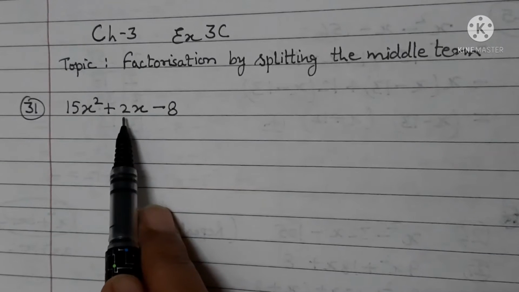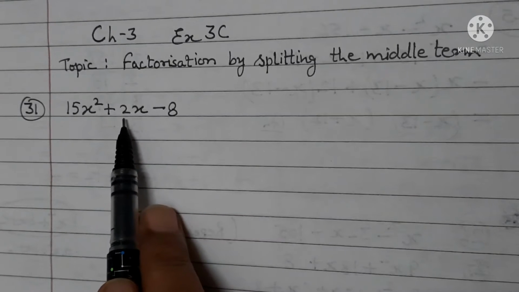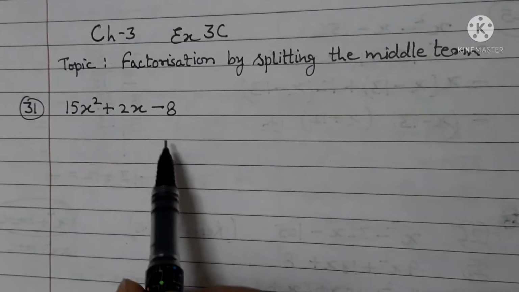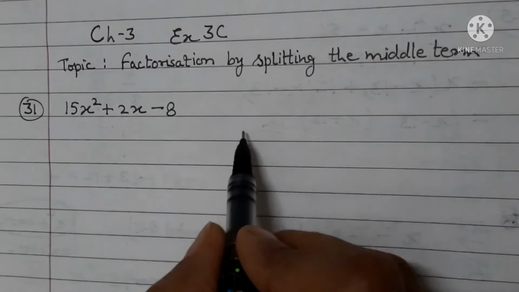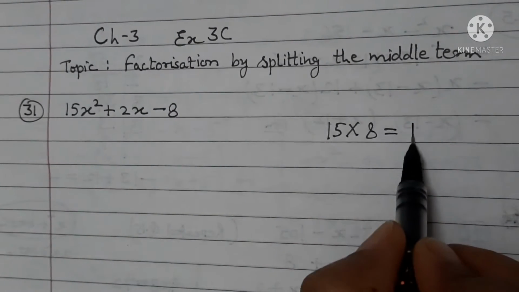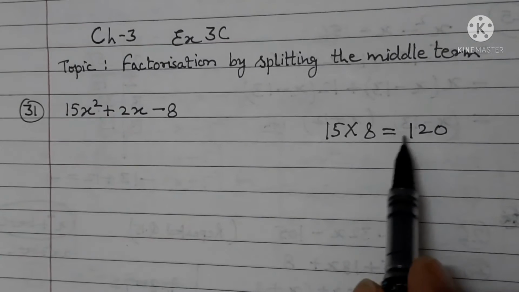Split the middle term into two parts so that the sum of the parts will be 2 and the product is 15 into 8, which means 120. Here there is a minus sign, so it is minus 120.